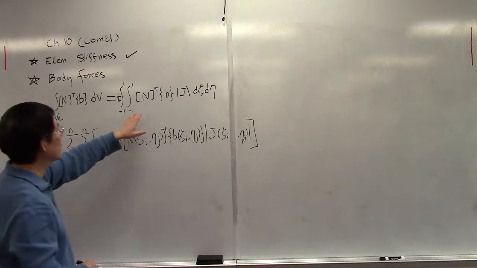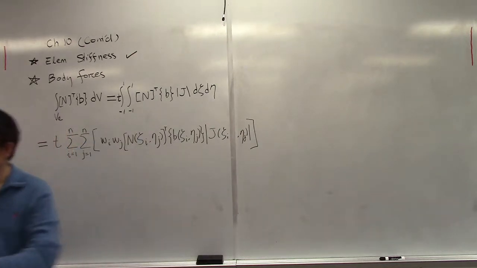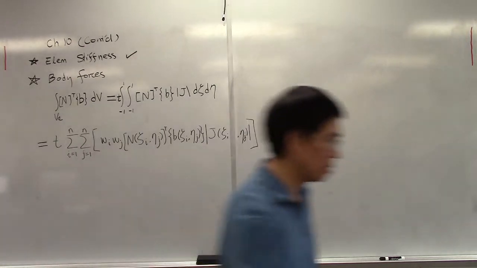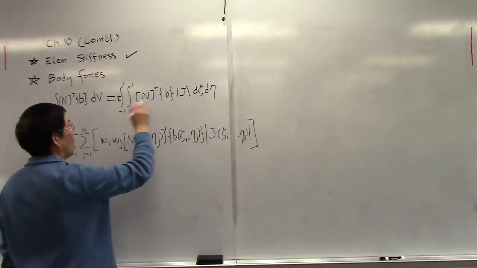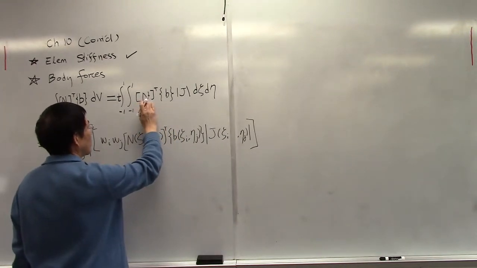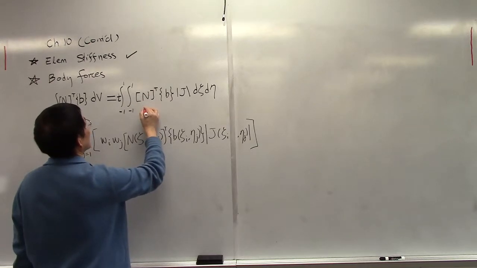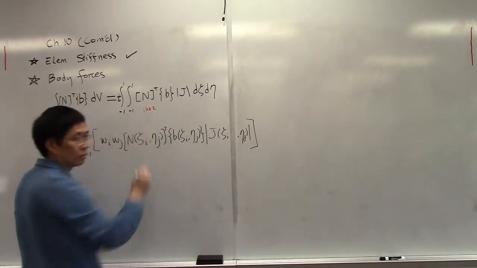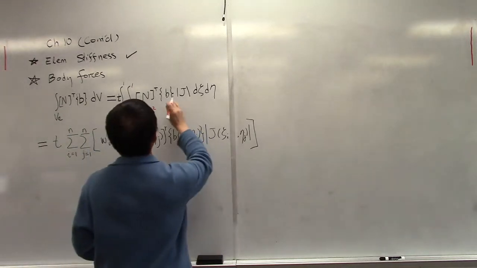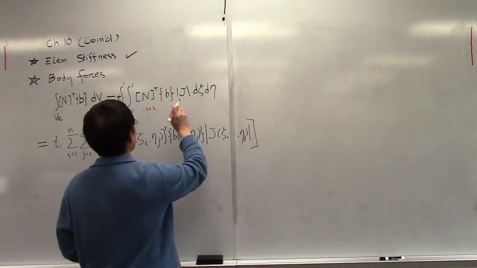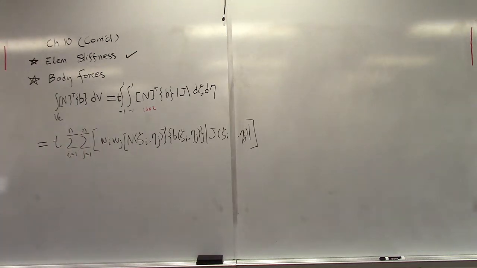Okay, if you look at the expression here, the dimensions. The transpose of the shape function matrix is 16 by 2. And this one is the body force. This is a vector, right?